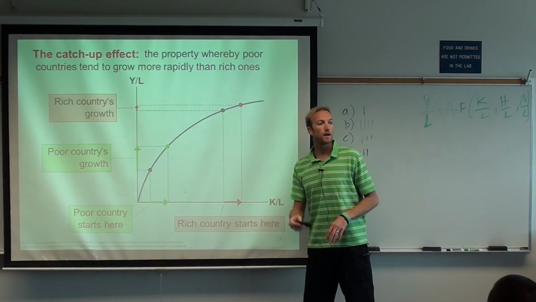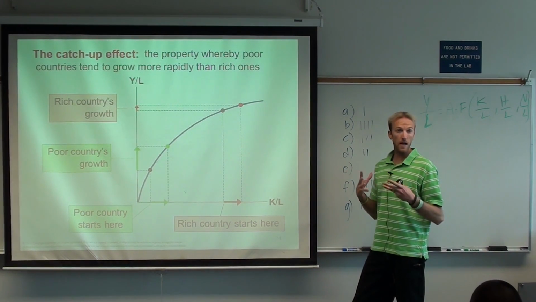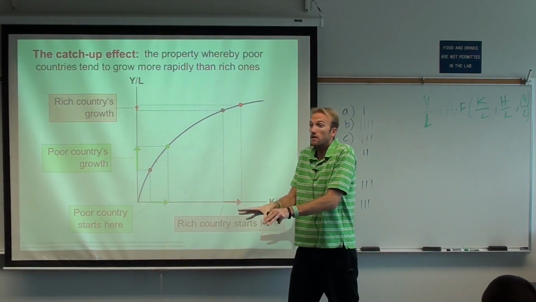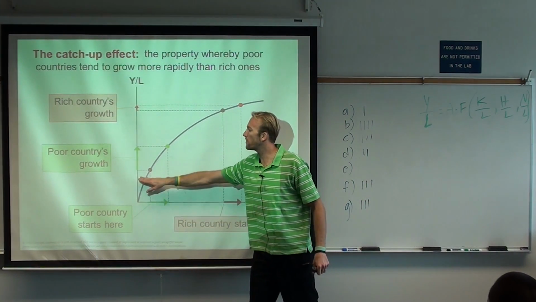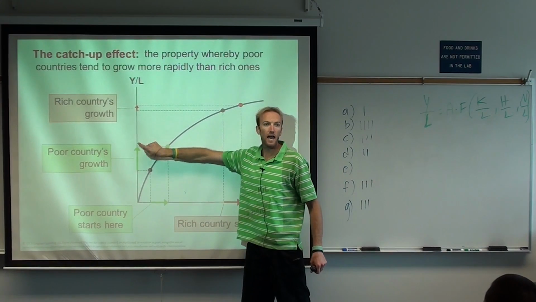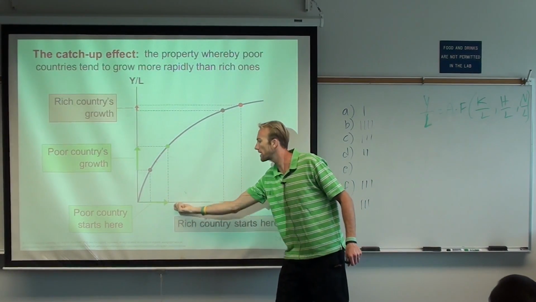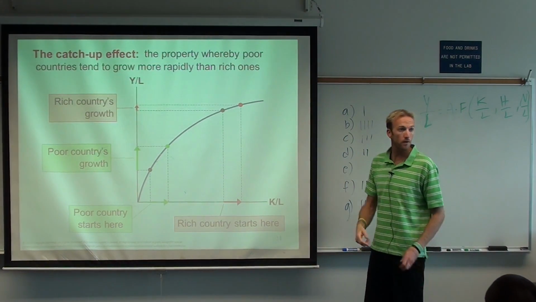So a lot of international aid organizations have this kind of idea. If we just at least give them enough money to start with a little bit of increase in their K over L, then they're going to be able to grow a bunch, and then they won't need our money because they grew a bunch, so they'll have enough extra to go ahead and grow a little bit here. So that's the idea of kickstarting growth.